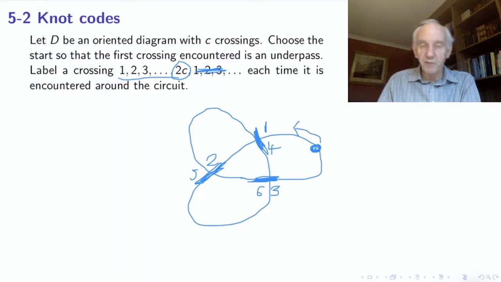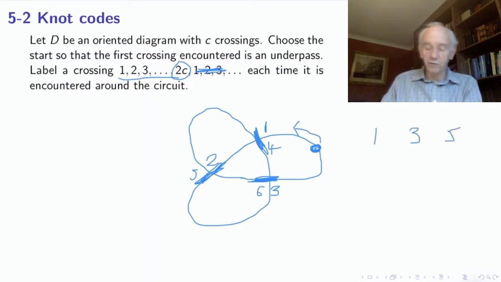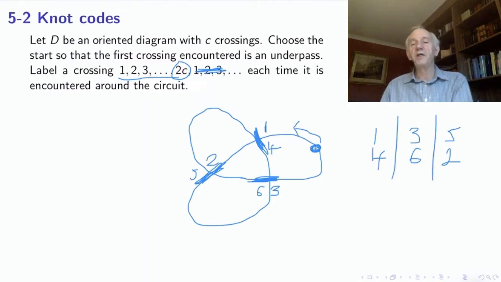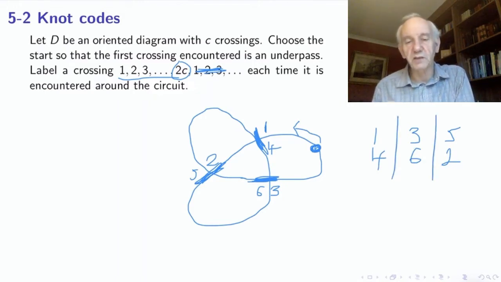So if we look at the odd integers, each of these corresponds to an even integer, but not in the obvious way. 1 corresponds to 4, 3 corresponds to 6, and 5 corresponds to 2, because each of these columns represents a crossing, and the two labels assigned to that crossing.